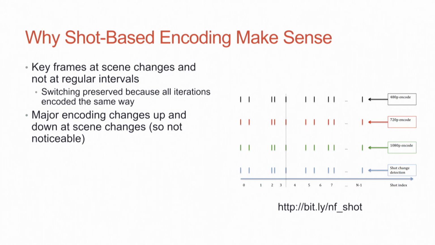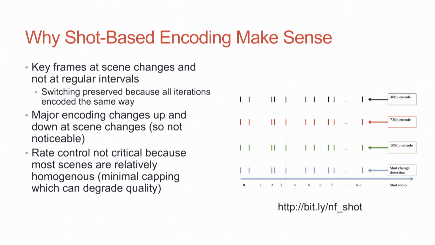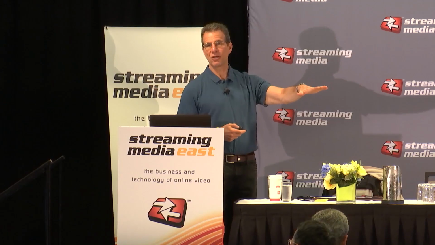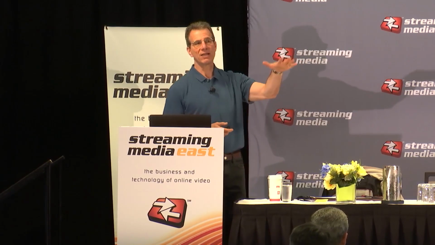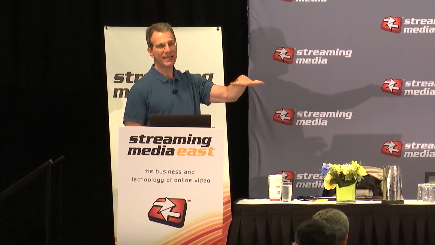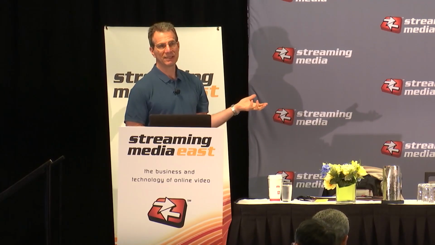So any major change in the encoding structure is not going to be noticeable by the viewer. Rate control is not really essential because each scene is going to encode similarly. I mean, the entire chase scene is going to be high bitrate. The entire close-up of the hero is going to be low bitrate. You don't need to apply a lot of bitrate control to each one of those scenes because they're homogeneous.